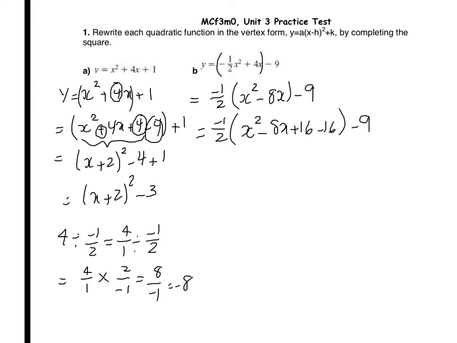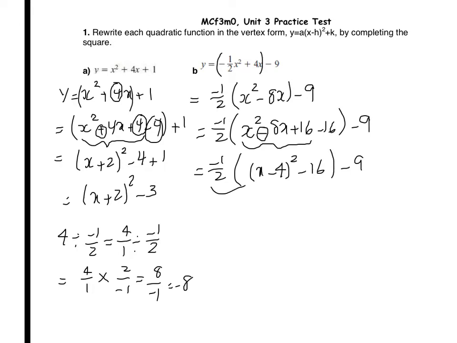Now, I'm going to look at these three terms. For x squared, the square root is x. 16 is 4. And since I have a negative here, it's going to be x minus 4 squared. So I'm going to have negative 1 over 2 times x minus 4 squared minus 16, minus 9.